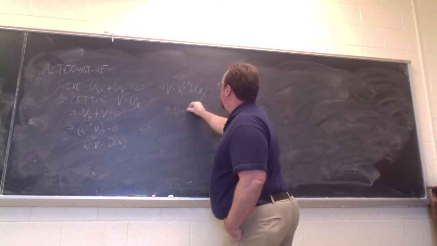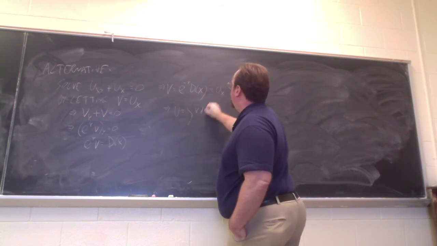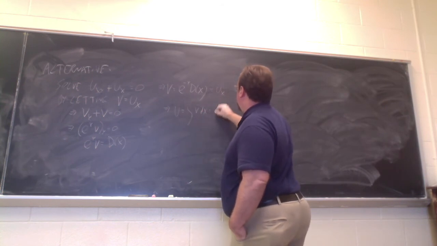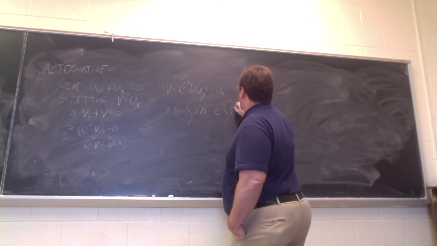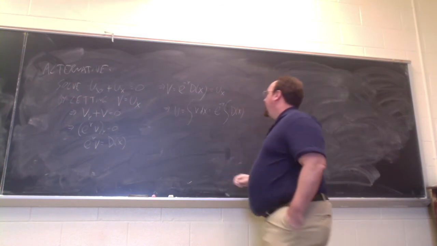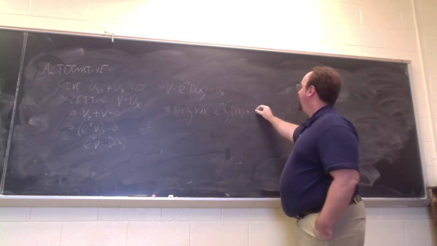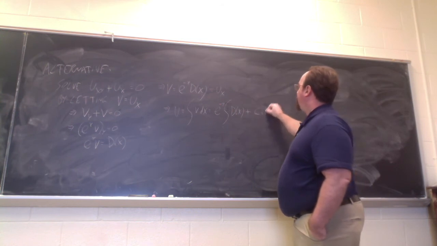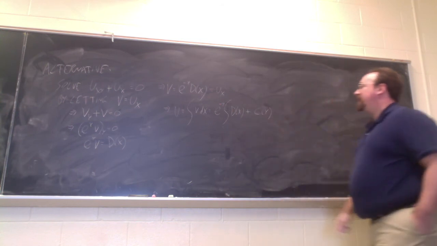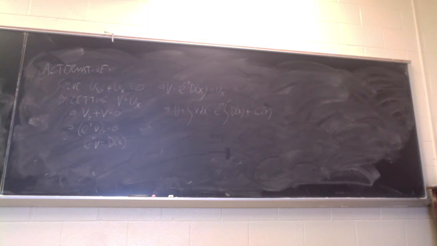So u is equal to the integral of v dx, which is e to the minus y times an antiderivative of c, plus some arbitrary function of y, because you're integrating with respect to x. And since c and d are arbitrary functions of their respective variables, you can see how this solution is consistent with the other one, but like I said, this is cleaner.